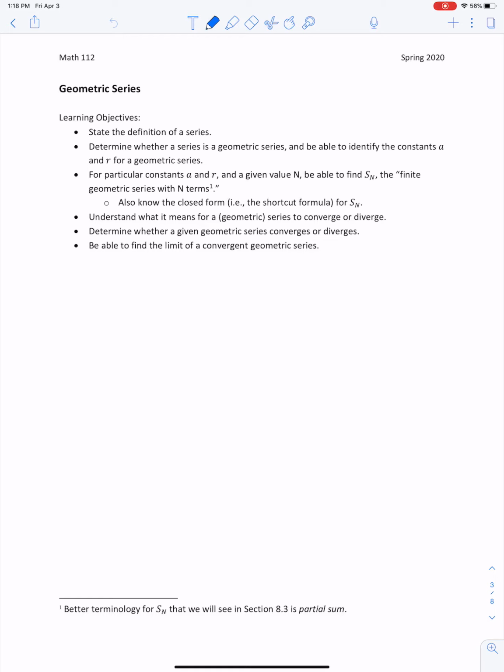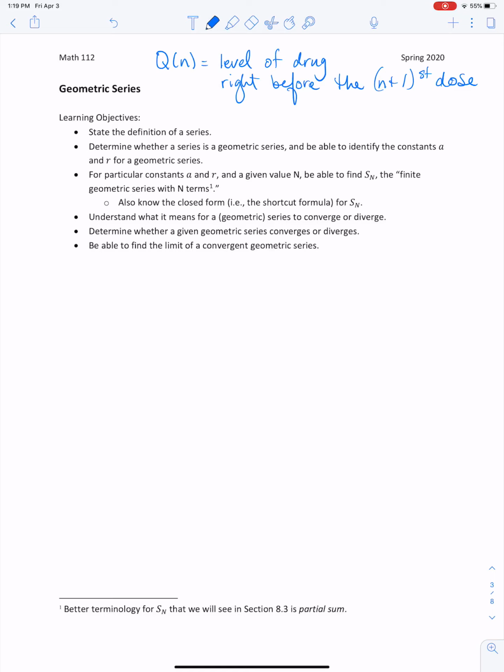for Q of n, the level of the drug right before the n plus first dose.